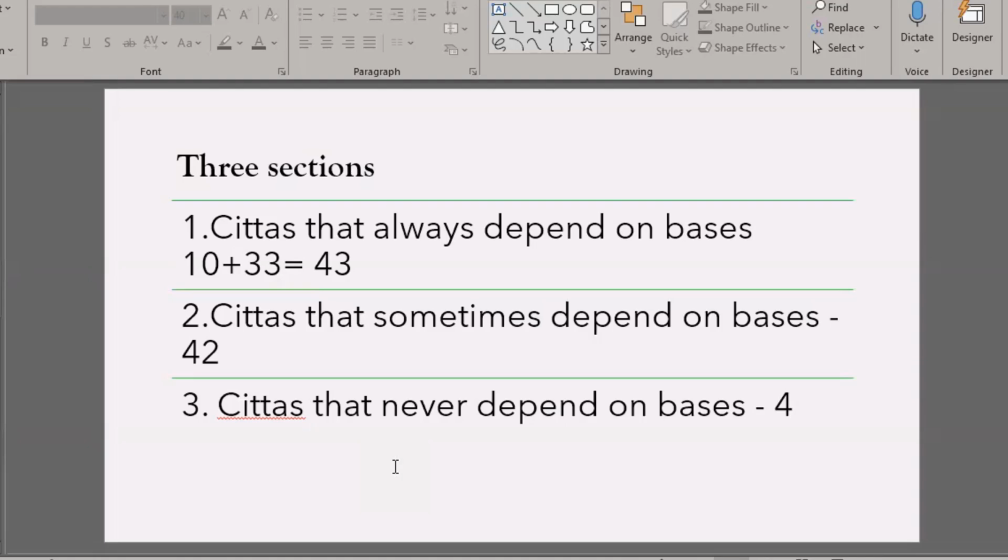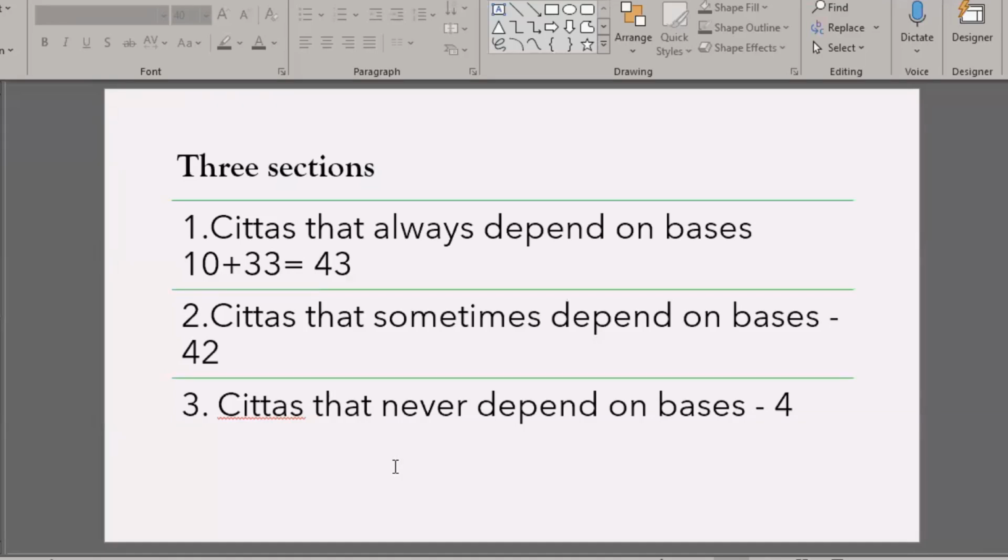Then chittas that never depend on bases. There are 4. I will repeat again. Chittas that always depend on bases, 43. Chittas that sometimes depend on bases, 42. Chittas that never depend on bases, 4.